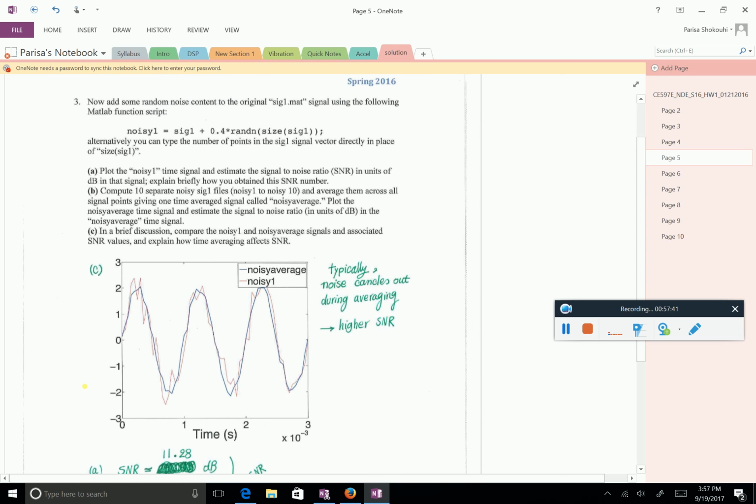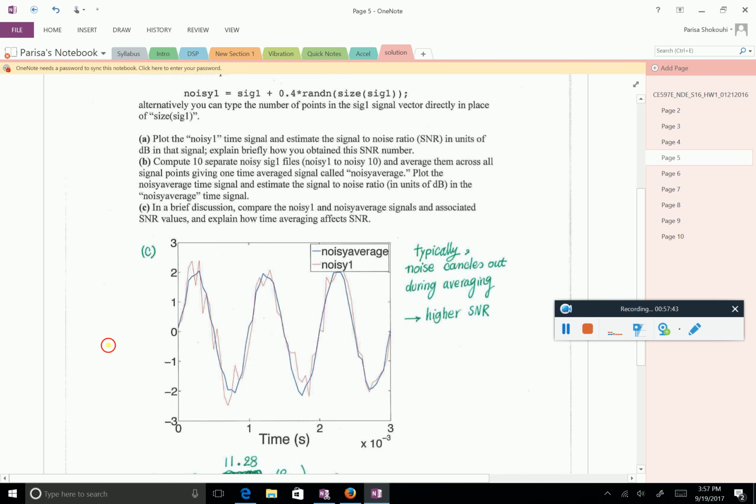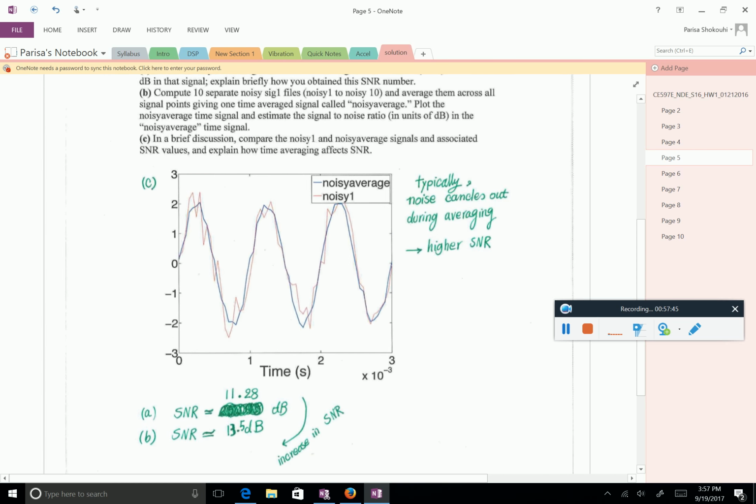Then the noisy signal. This one, most people have done this right, and there is no correct answer. Depending on how you define noise, you would get different things. I wanted noise to be the noise that you added to the signal.